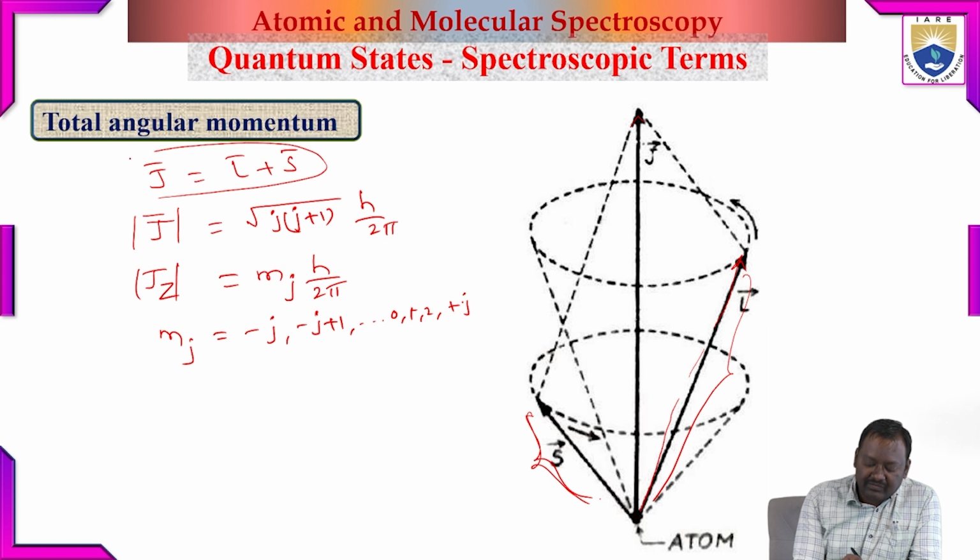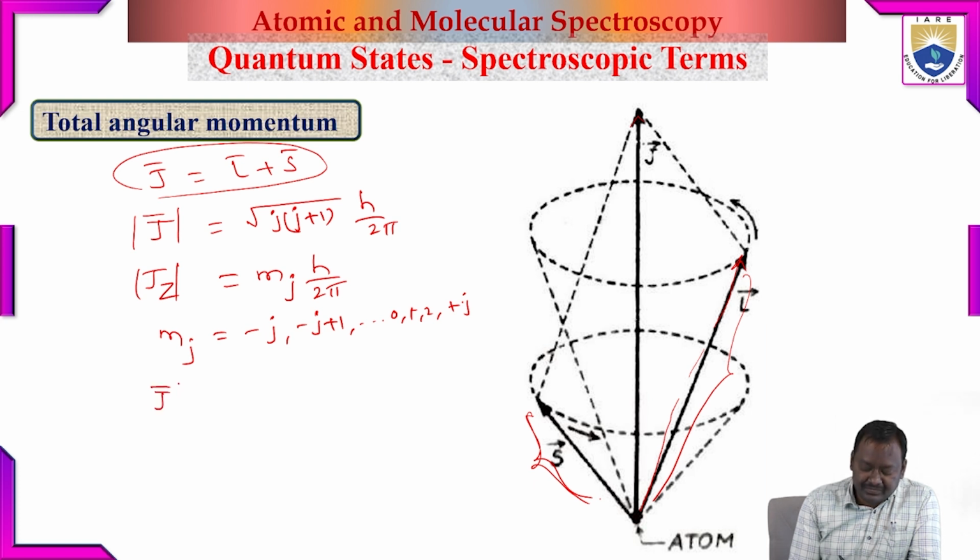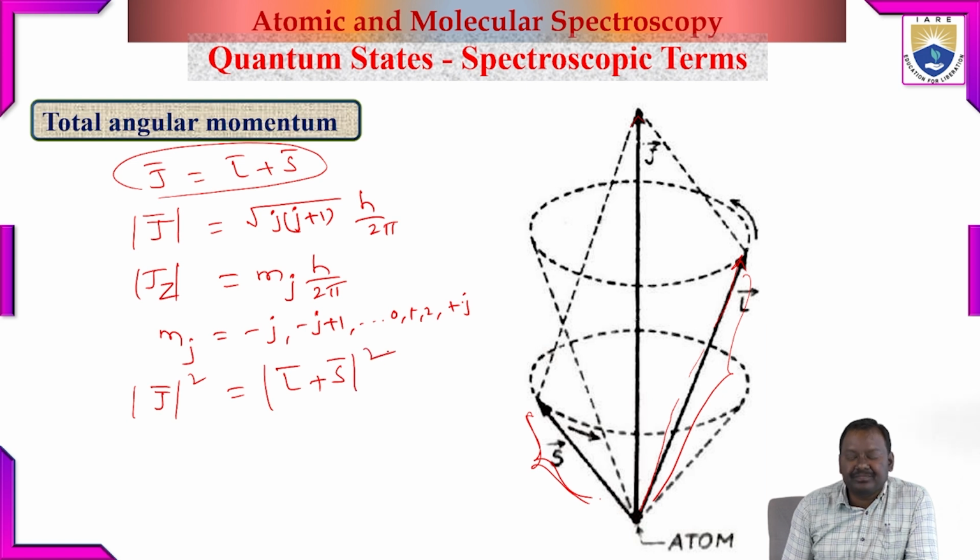And again, from this equation, from vector summation, if we square the vector J bar, we will get the magnitude J square, which is equal to (L plus S) whole square.